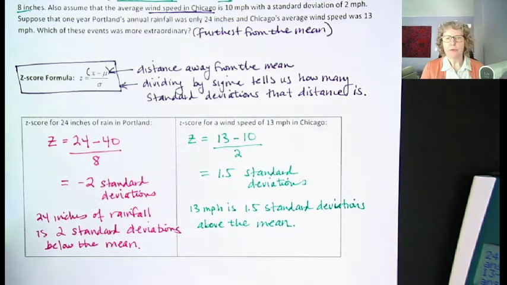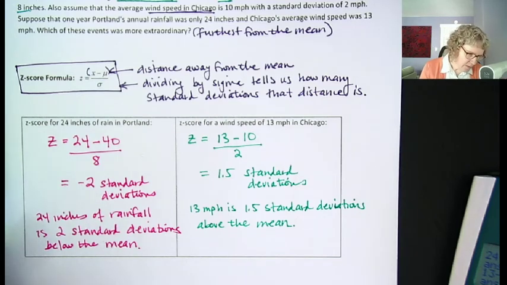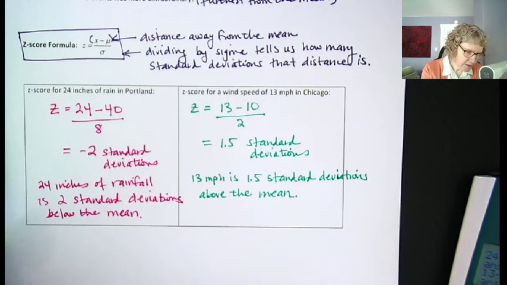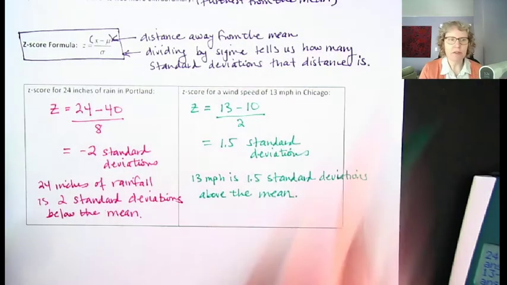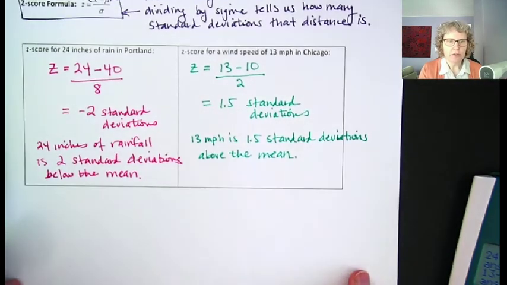So really what we're doing is we're comparing this year in wind to all the years of wind in Chicago versus this year in rain to all the years of rain in Portland. So we're comparing apples to oranges, but we're comparing all the apples with the apples and all the oranges with the oranges. And so let's go ahead and draw out our standard normal model underneath here.